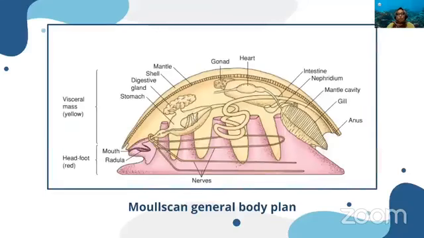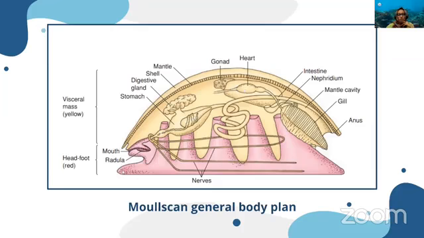Okay, so the next slide shows the molluscan general body plan. Here you can see how it's divided into two: the visceral mass and the head foot. The head foot is shown in red or light purple color, and the one above is shown in yellow.